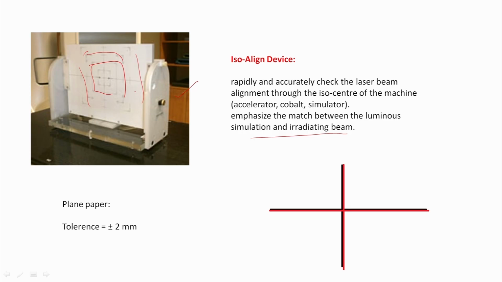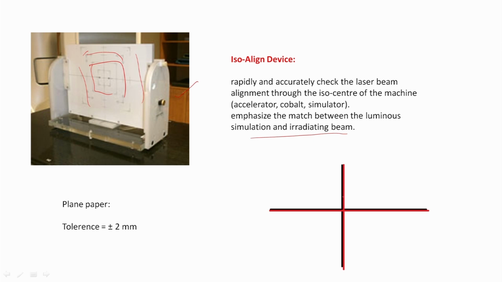But the easiest way, suppose you have to quickly verify your laser, is to use a plain paper. You can see in the picture, suppose the black laser is the laser from the left hand side and the red intersection is the laser from the right hand side of the machine.